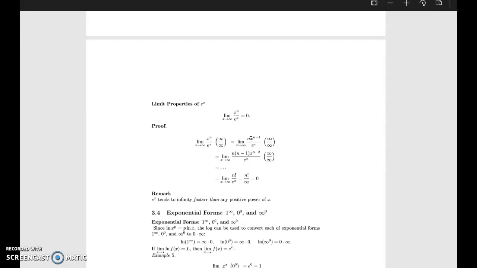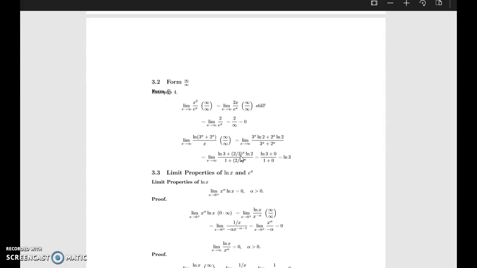We have to do these types of problems also: limit x tending to infinity, x raised to n divided by e raised to x. This is homework for you.